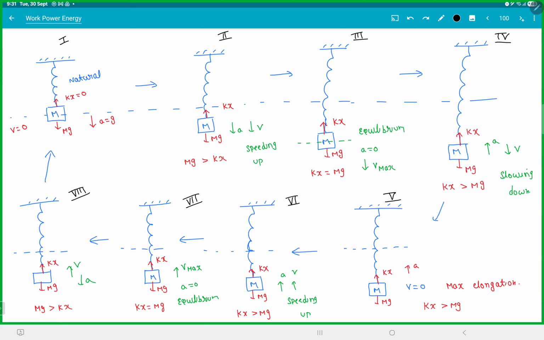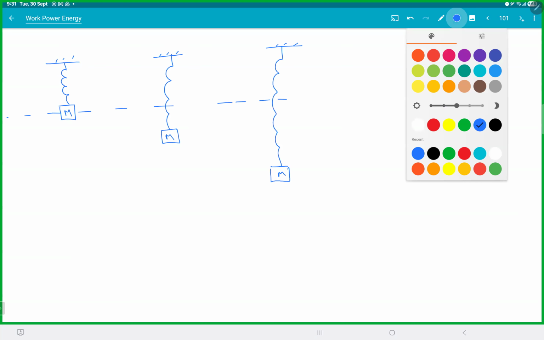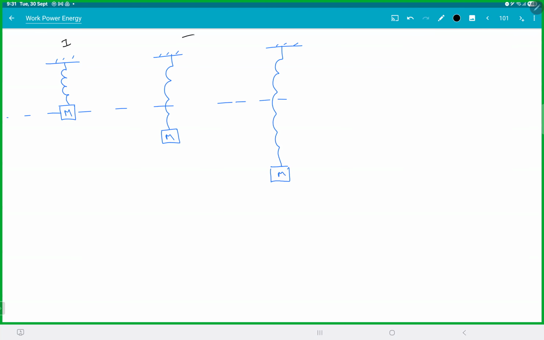Any doubts on this? Did you observe here at equilibrium, it won't stop. So never write kx is equal to mg. So now how to do the question? Now it is fine. Take your states. So this is block at natural length. You're considering state 1, state 3, and state 5.